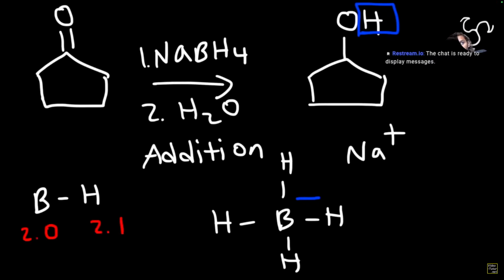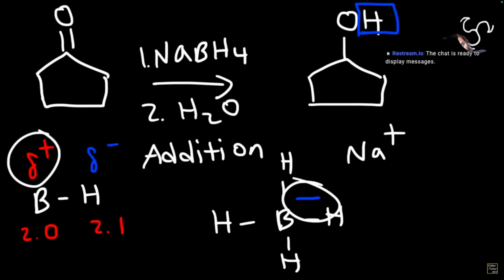So hydrogen is slightly more electronegative than boron, so it carries a partial negative charge, and boron carries a partial positive charge. Partial charges and formal charges are not the same thing. A partial charge is based on the electronegativity differences between an element and what that element is bonded to, whereas a formal charge is something that we assign to an element based on the number of bonds and lone pairs that it has. So they're not the same thing.